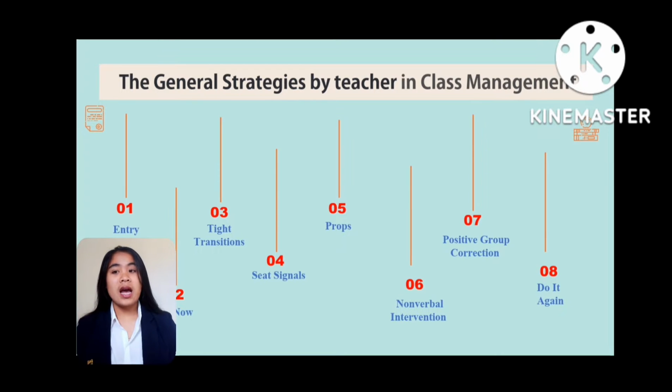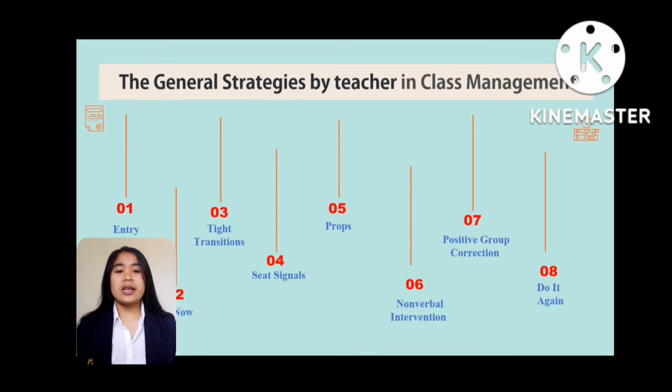Okay, the next is the general strategies by teachers in class management. The first is entry routine. It is a technique in which the teacher establishes a constant daily routine that begins as soon as students enter the classroom, such as preparing learning material, making sheet assessment, passing in homework, or doing a brief physical warm-up activity. The second is do now.